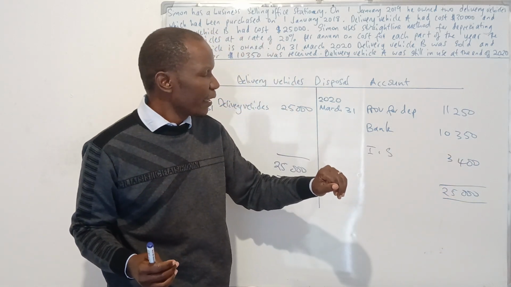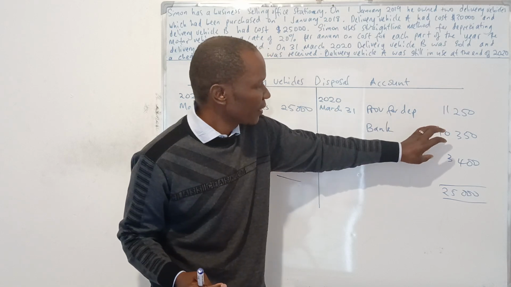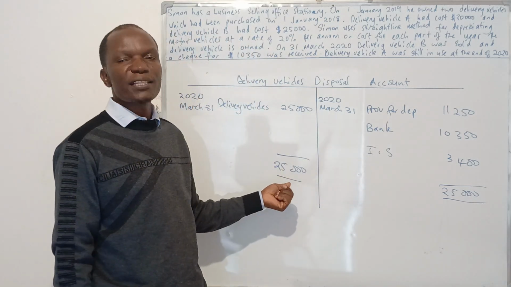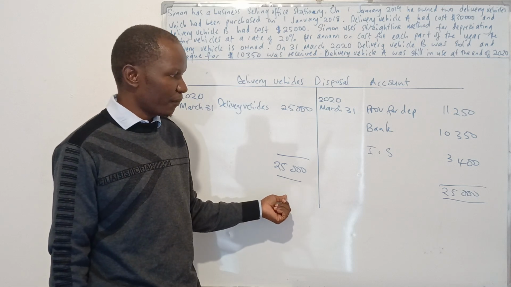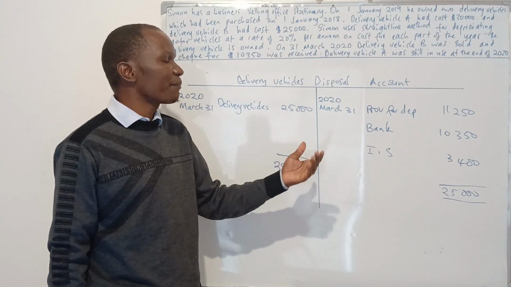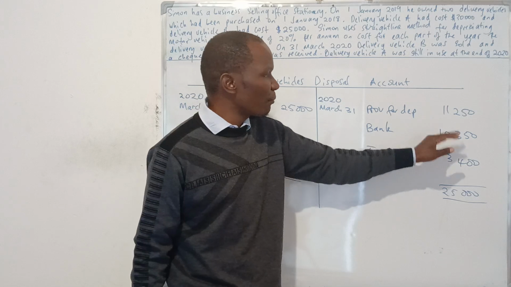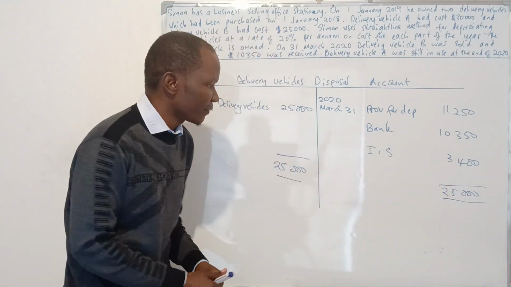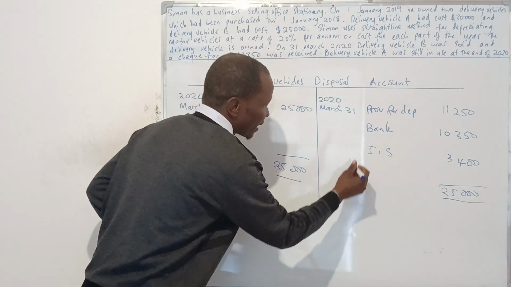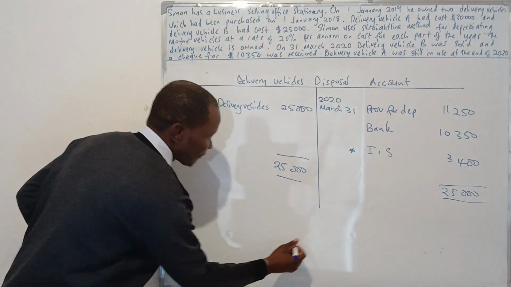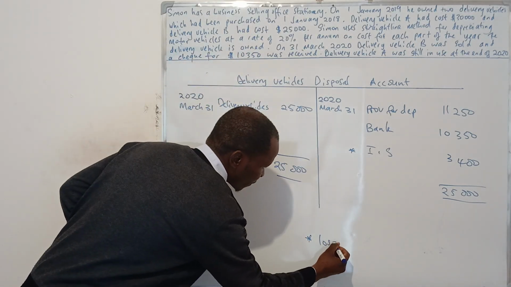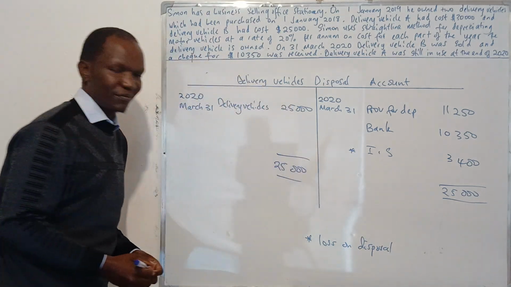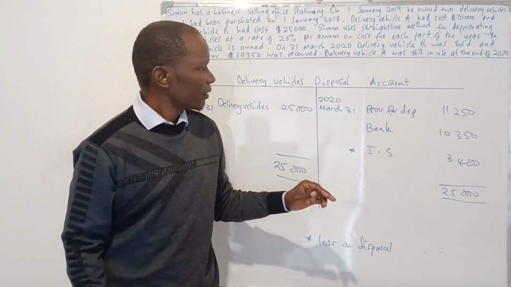But the amount we got here is 21,600, which is less than the amount we bought the non-current asset with. So it means that this particular motor vehicle was sold at a loss of 3,400. So that particular amount is referred to as a loss on disposal.